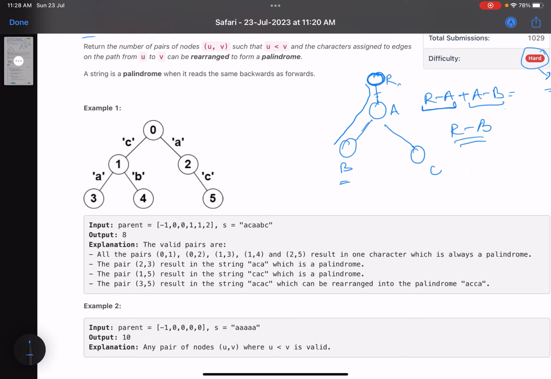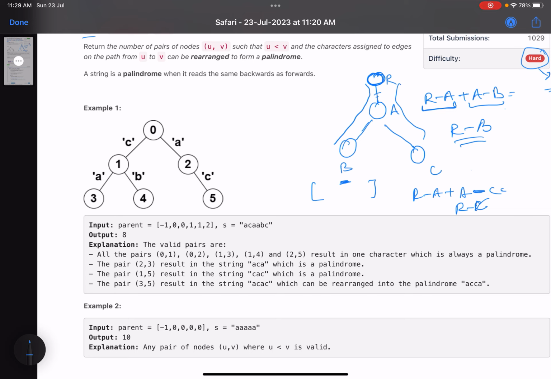Similarly, when you came from root to C, it was actually root to A plus A to C. This is the path from root to C. Getting it?